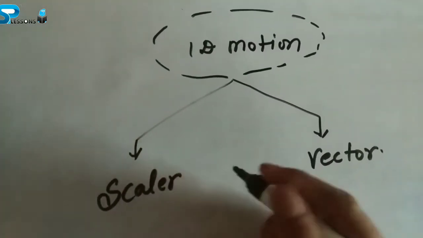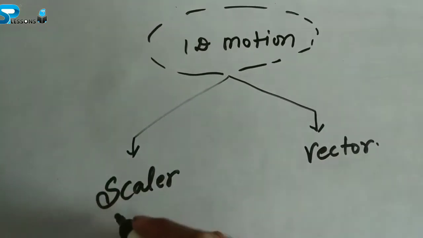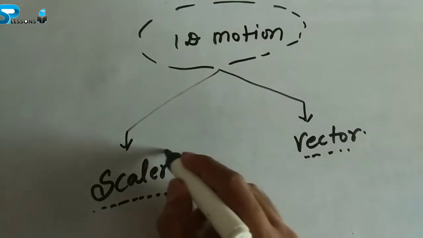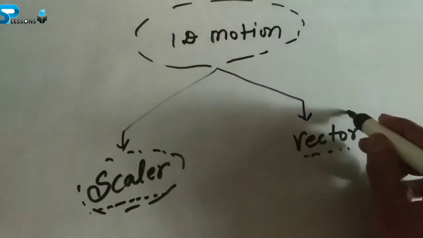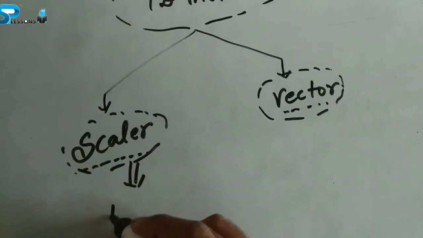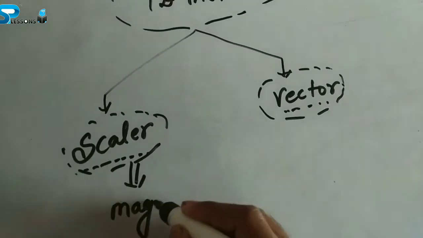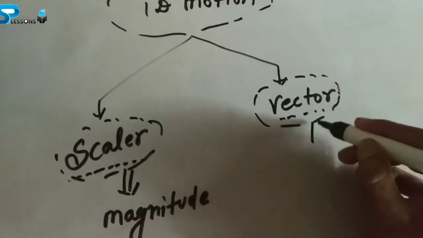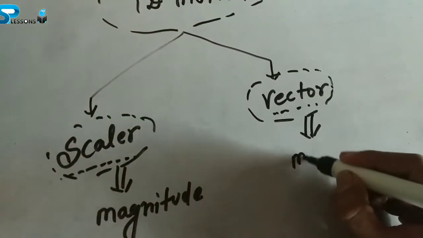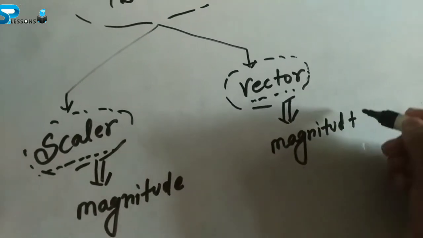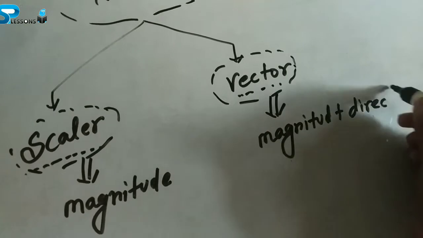So in one-dimensional or two-dimensional motion, we can define the direction of a particle. We use two words, scalar and vector. Scalar means these quantities do not have any direction, only magnitude. And the term which we use for magnitude plus direction is called vector quantity.